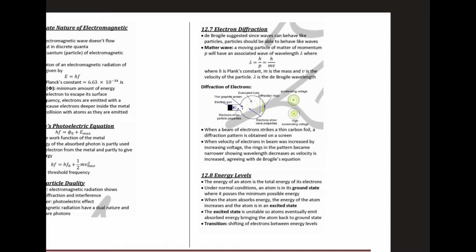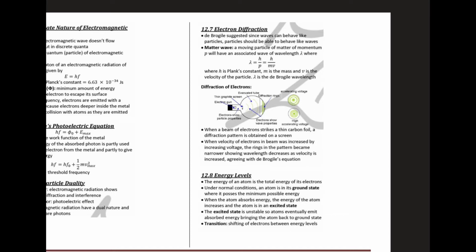First, the electron has mass, so it has momentum. The momentum is mv. And they also mention that the moving electron has a wavelength lambda.